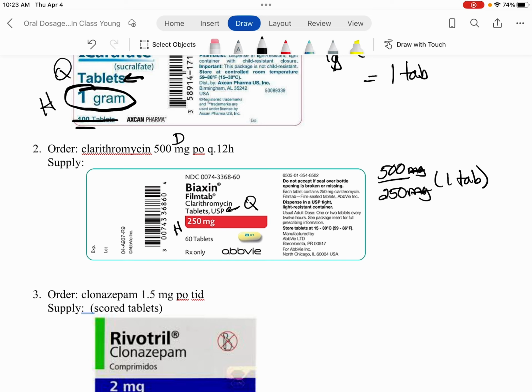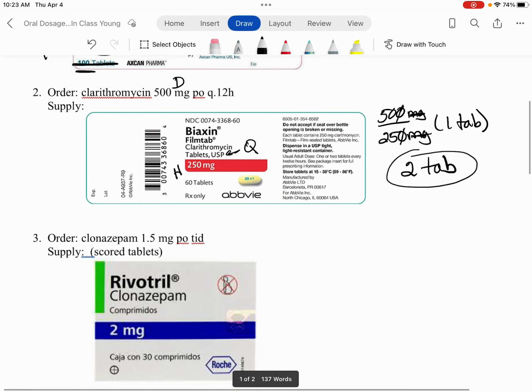Milligrams cancel. I always cancel my zeros, so I don't have to put them in my calculator, because 50 divided by 25 is easier sometimes to see than 500 divided by 250. Either way works. But I know 25 goes into 50 2 times. So 2 times 1 tablet gives me 2 tablets.